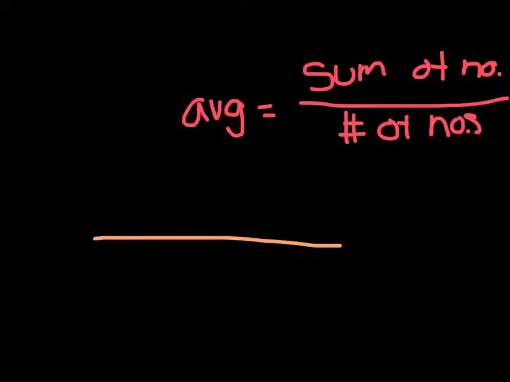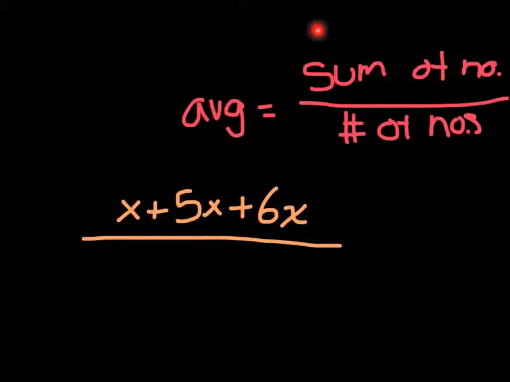The sum of the numbers is x plus 5x plus 6x. And we know that there are a total of 1, 2, and 3 numbers, so let's write 3. And that is equal to 8.